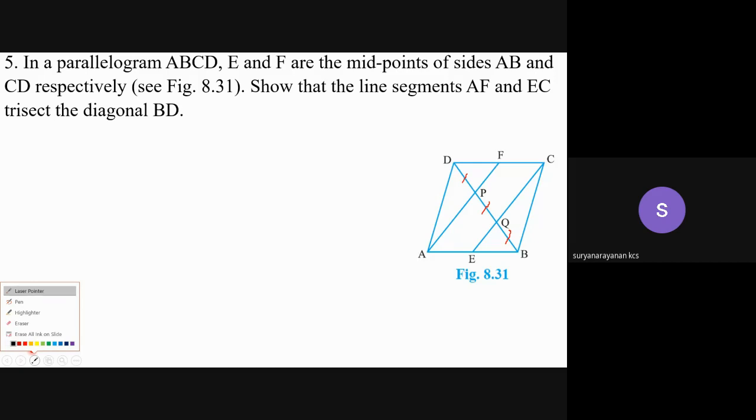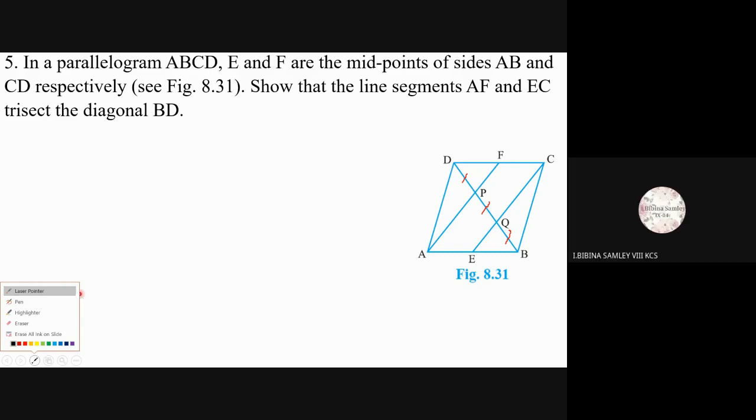Sir, FC is equal to AB. FC equal to AE. Okay. Actually, I am asking about the parallelogram ABCD.